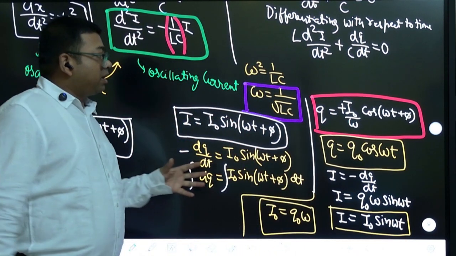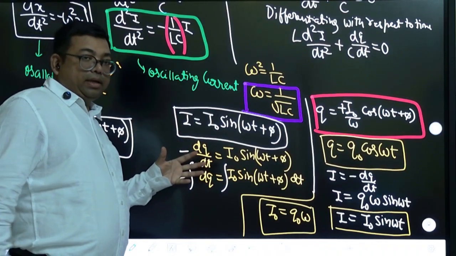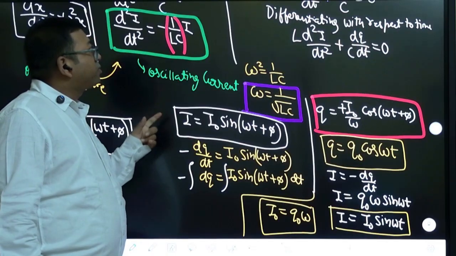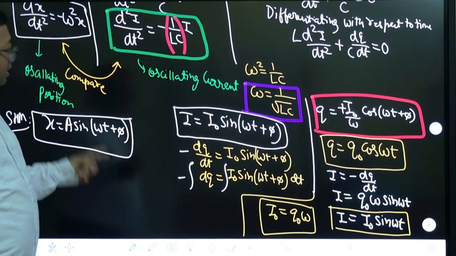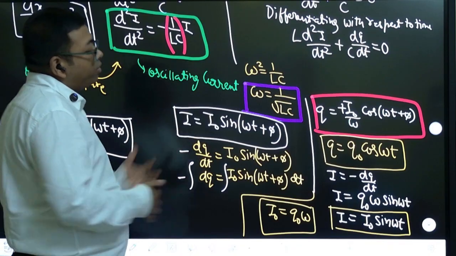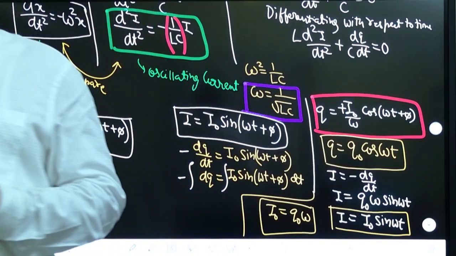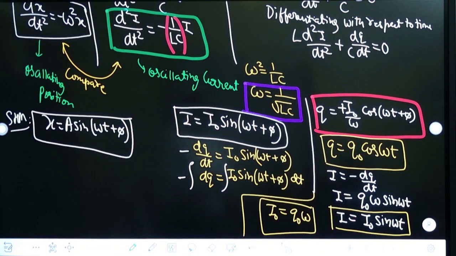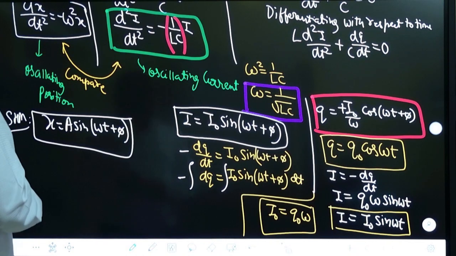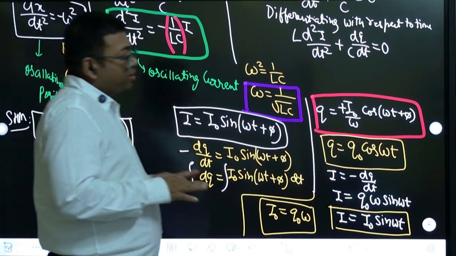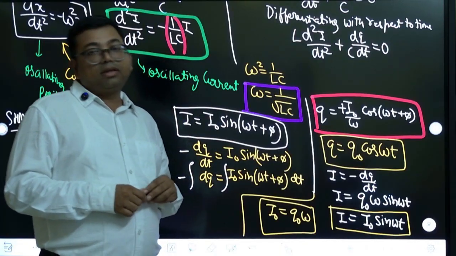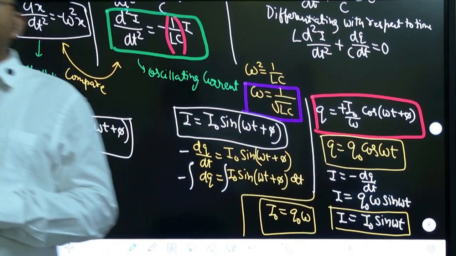Okay, so this idea of oscillating current or oscillating charges comes from which circuit? LC. This circuit is known as the LC oscillation circuit. In the LC oscillation circuit some questions can come, but they do not belong to this chapter. It belongs to the EMI chapter only, electromagnetic induction.